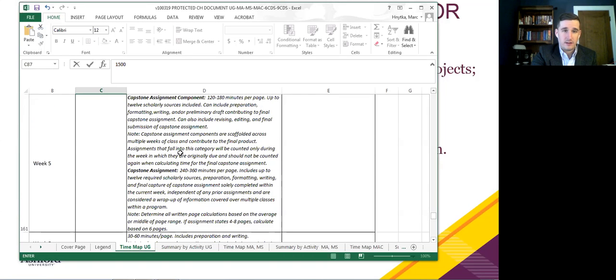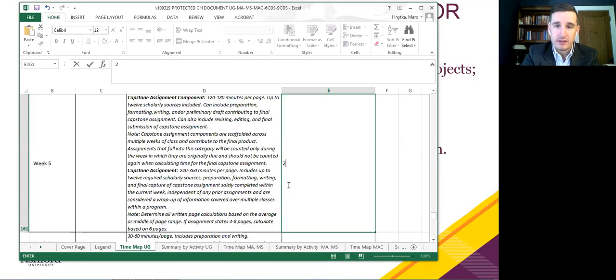Actually, I'm sorry, there is a component, and there's also then just the full assignment. So in this case, if the final paper was going to be, let's say, 20 pages, and that's going to be at the middle value, and since this is the final presentation where they're bringing all the other scaffolded components together, you can use and you should use this greater value for the remaining pages.